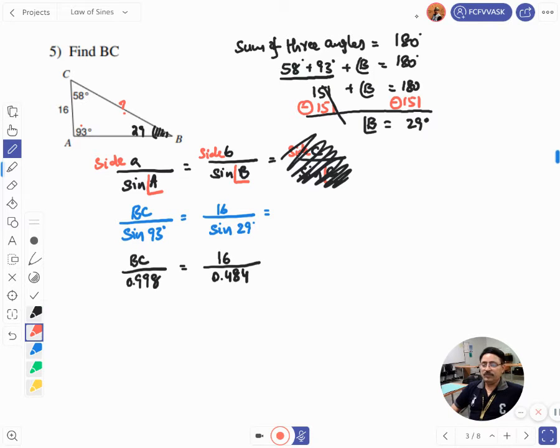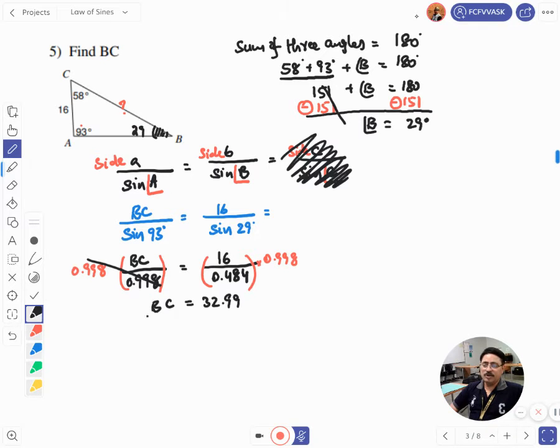You know how to eliminate this value and you can make BC the subject, or you can isolate this one by inverse operation, which is the multiplication, 0.998. So the value of BC is, make use of calculator, 16 divided by 0.484. The result is multiplied by 0.998, 32.99.